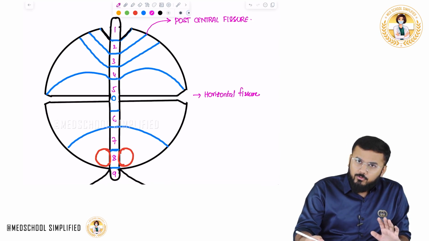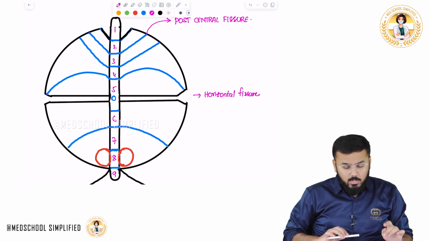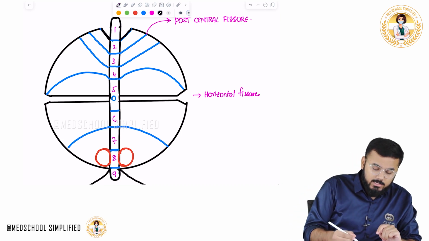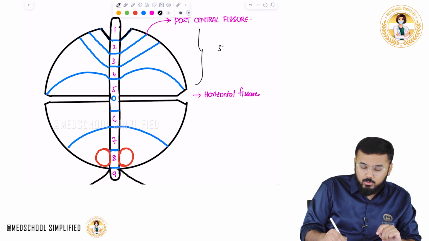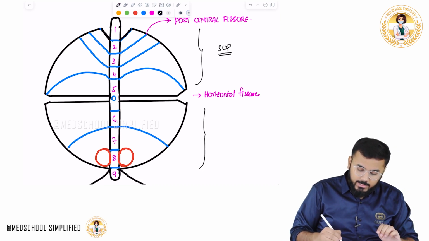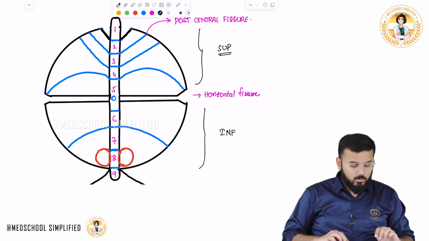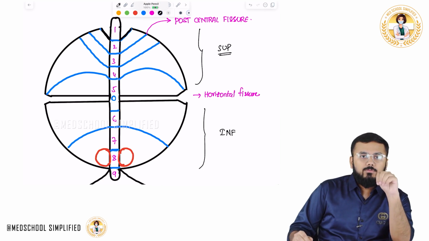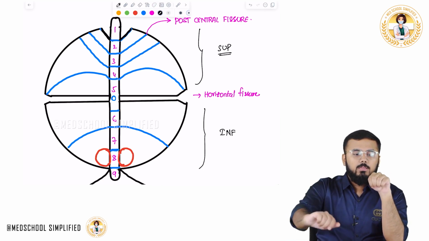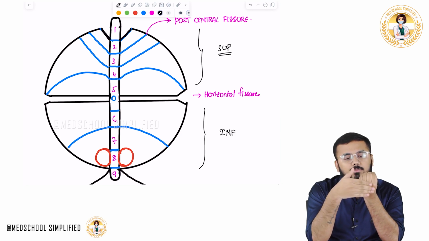So, if you very clearly see here, guys, what is this picture actually? See, this entire part is called as the superior surface of the cerebellum, and this entire part is called as the inferior surface of the cerebellum. So, for example, if this is your cerebellum, in the cerebellum like this, you see this part is called as the superior surface, this part is called as the inferior surface.